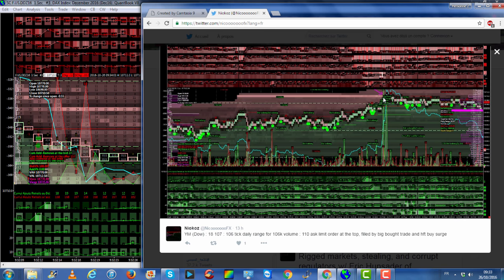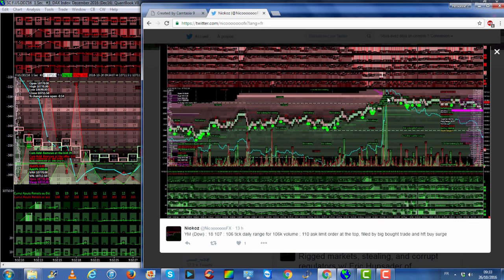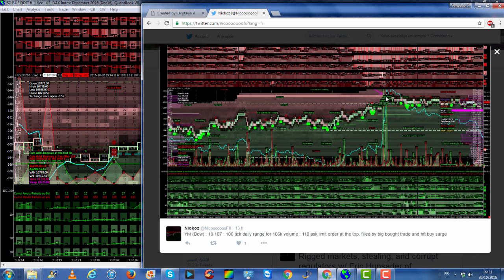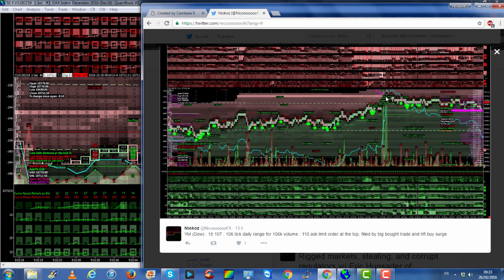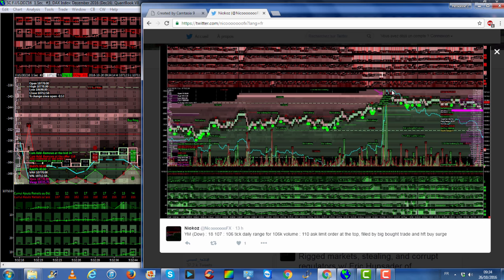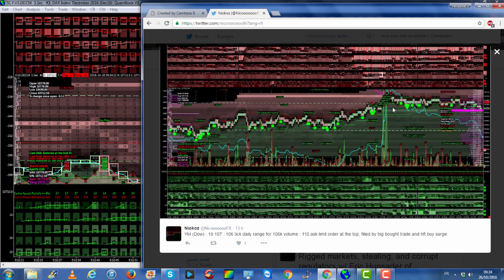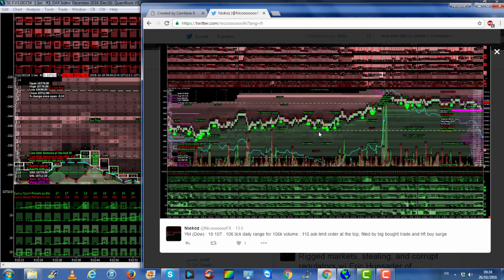When the price is going to this big limit, what do you see? You see few HFT alerts. You see big trade, HFT buy surge, many HFT buy surge, many bid iceberg just before.